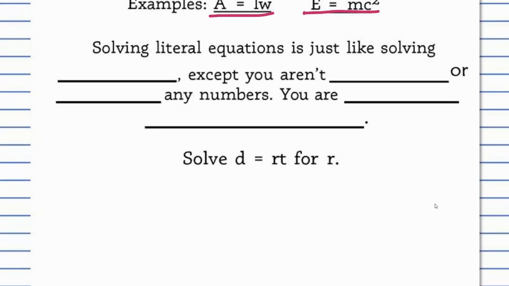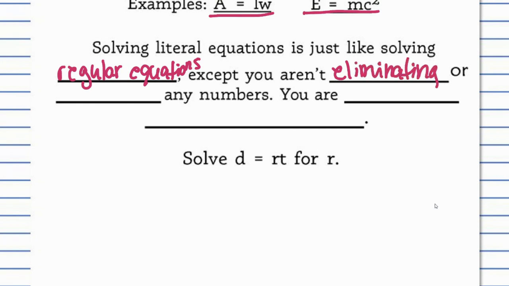So how do you solve a literal equation? It's just like solving regular equations. I am running out of room here, guys. Except you aren't actually eliminating anything. You're not eliminating or simplifying any numbers.